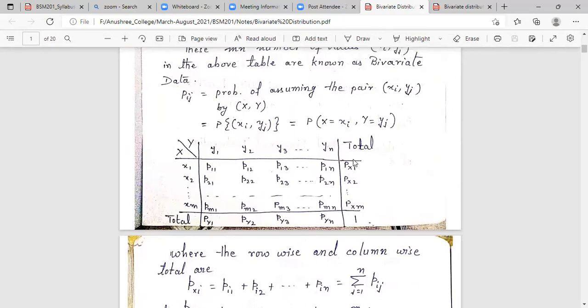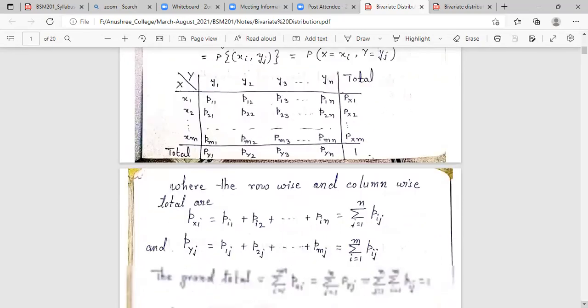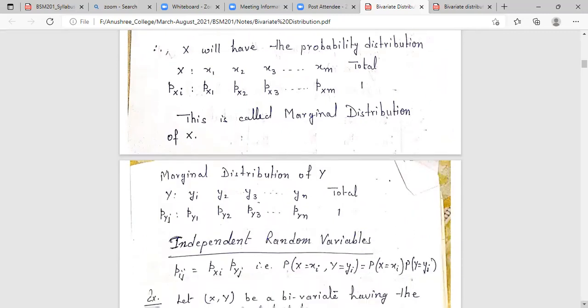P(xi) is P(x1), P(x2), up to P(xm). So writing these corresponding to the variables, this is known as the marginal distribution of x.